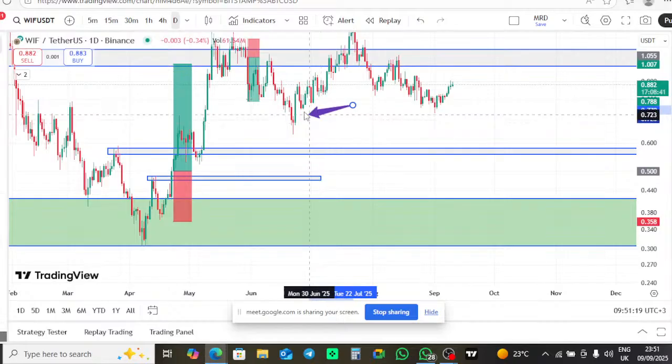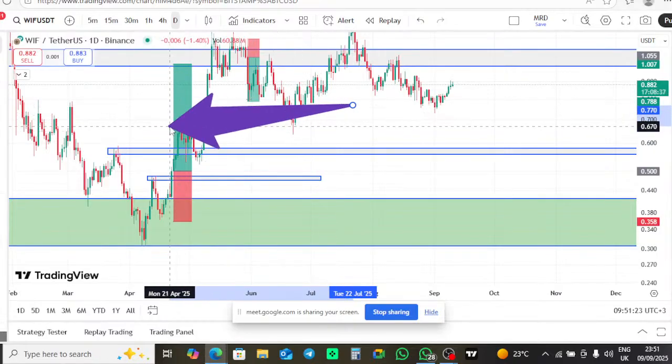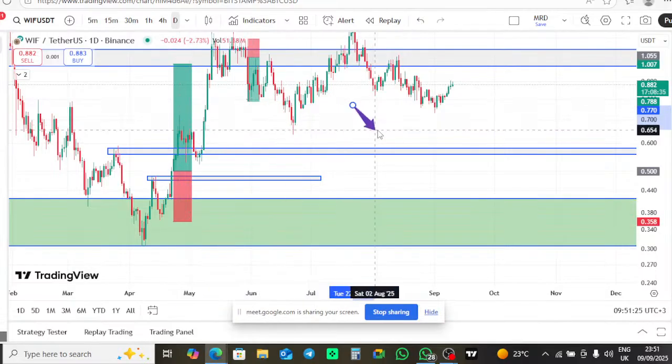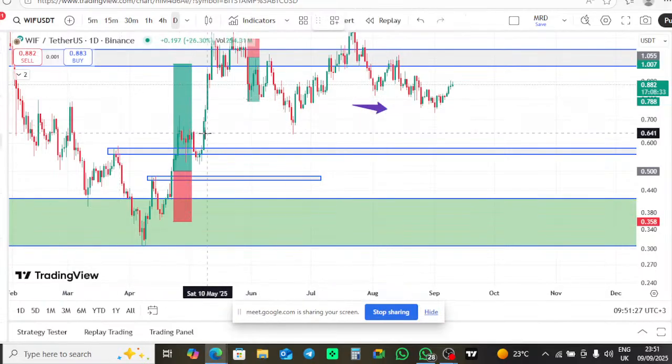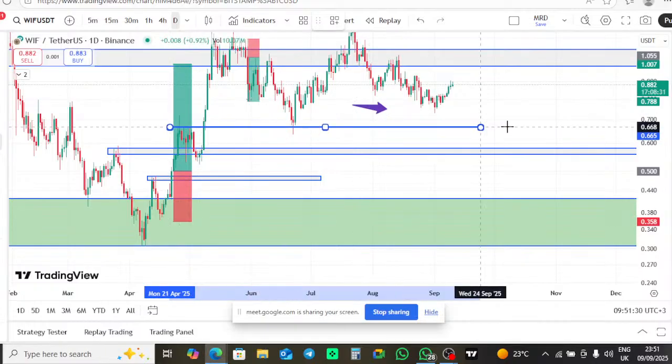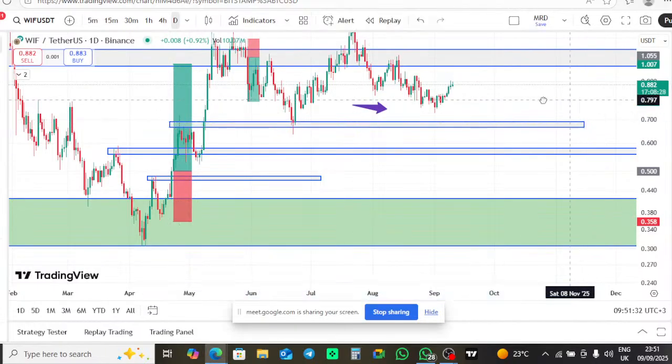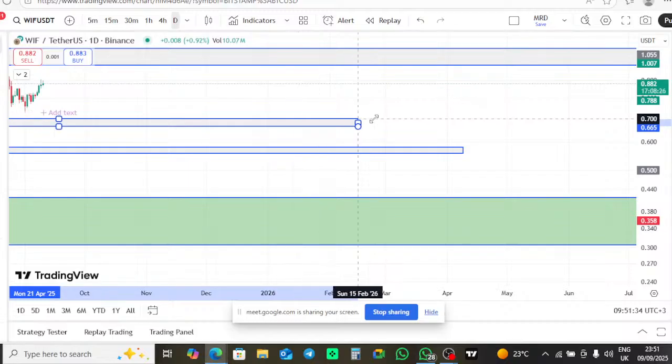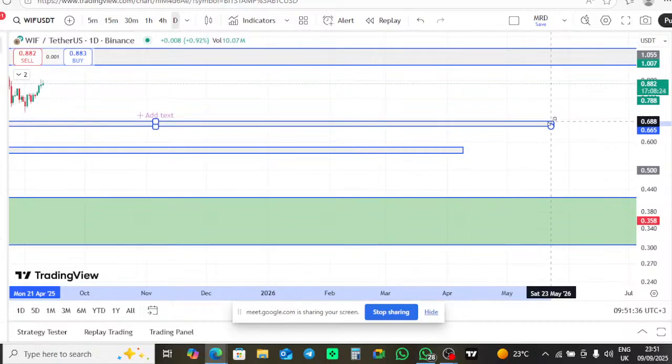And now we are going to look at this area, and considering this one as well. So we are going to draw one line like this. I think it is enough.